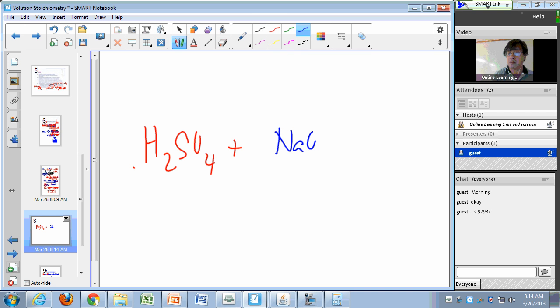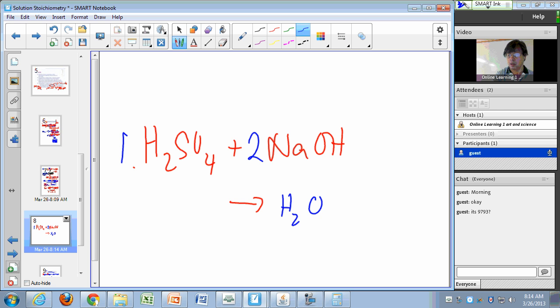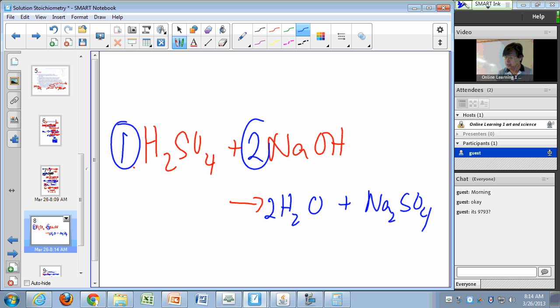Your sodium hydroxide will be in a 2:1 ratio with your sulfuric acid to give you water, okay, plus sodium sulfate. So you do need to know what the balance equation is for your reaction.